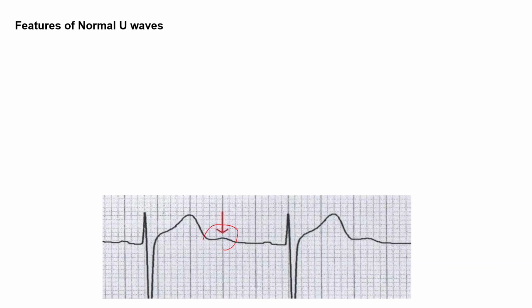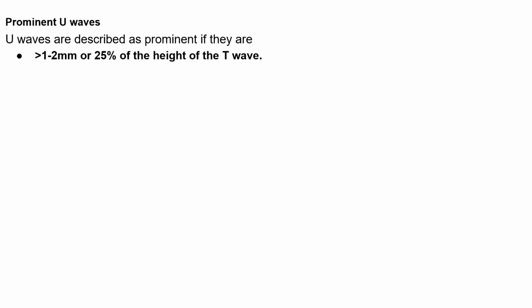So you can see here this is a small positive wave after the T wave. A normal U wave has to be maximum 1 to 2 mm or less than 25% of the T wave. A dominant U wave, that is more than 1 to 2 mm or 25% of the height of the T wave, is seen in cases of hypokalemia, as I have already told you. You can also see it in severe bradycardia.